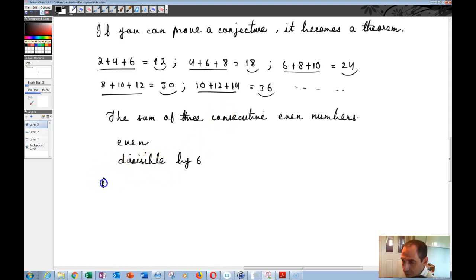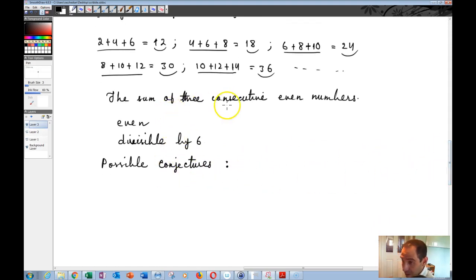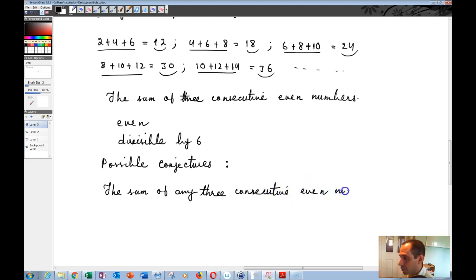The possible conjectures that you can make here are that the sum of any 3 consecutive even numbers is, for example, even.